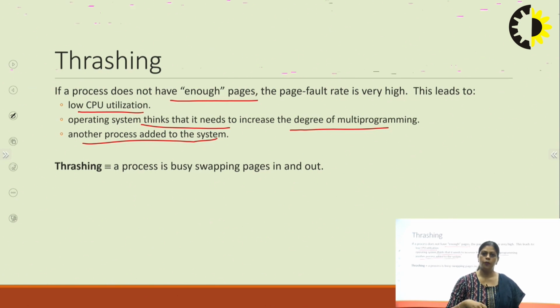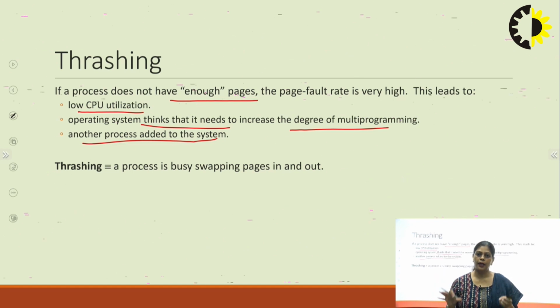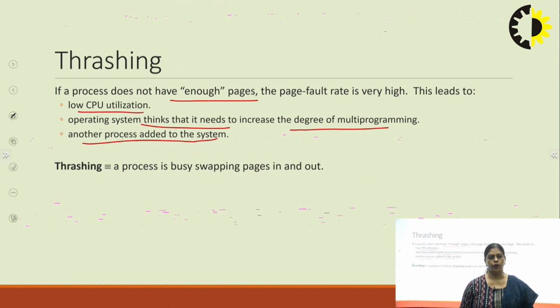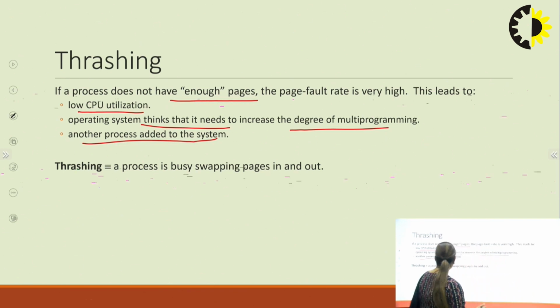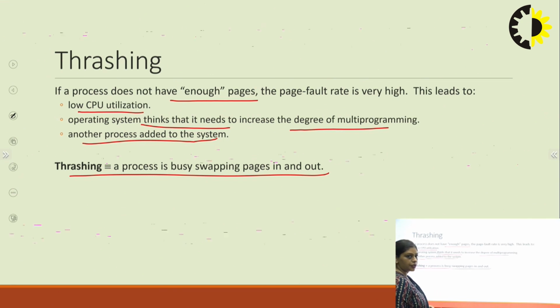So it will take more and more programs, but ultimately the programs are not running on the CPU, they are busy with page faults, right? Such a situation is called thrashing, where the program is busy with page faults rather than using the CPU for its execution, right? So this type of process is called thrashing. A process is busy swapping pages in and out, right?